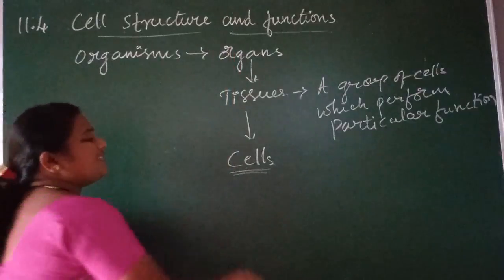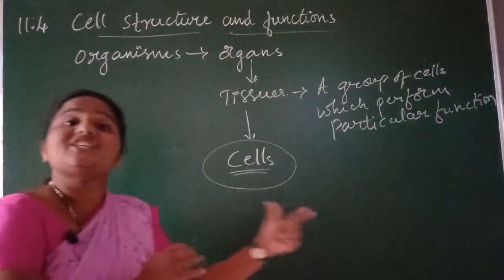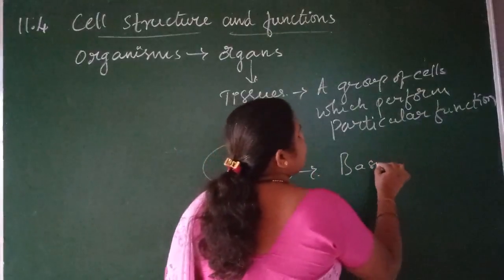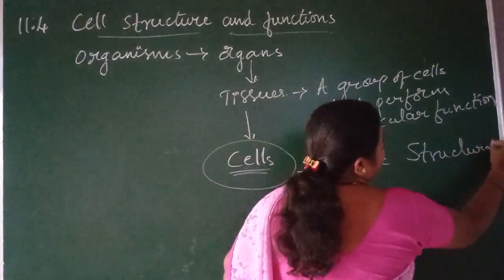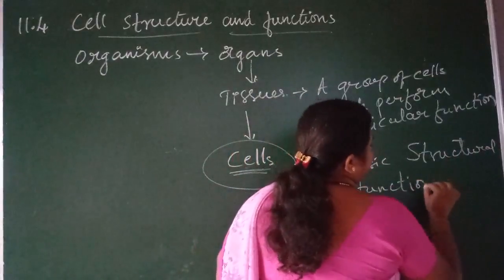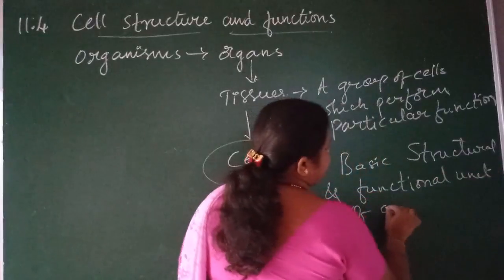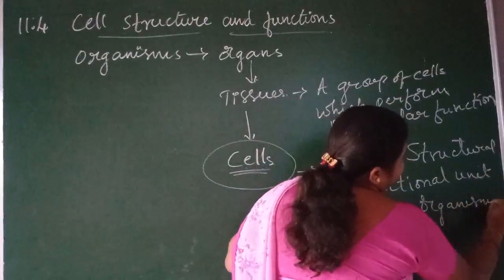It means that the cells are acting as the main basic structure of an organism. So, we can say that the basic structural and functional unit of an organism is what?